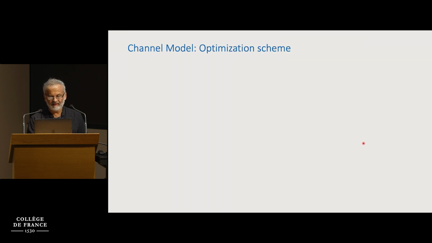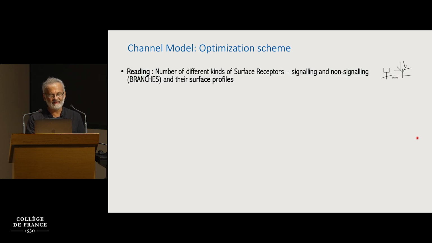Now, we check for the performance of each channel in terms of this minimum average inference error, as I mentioned earlier, and for this we follow the optimization strategy that I'm going to tell you here. Each cell is endowed with a certain number of surface receptor types, some amount of signaling receptors and some amount of non-signaling receptors.